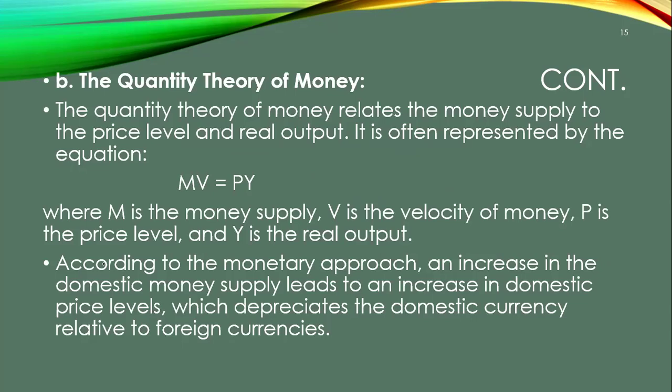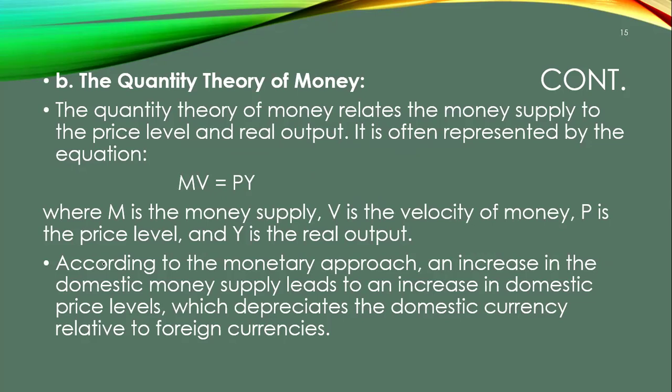Then the quantitative theory of money, we have looked at it in detail, where we say that the quantity of money relates the money supply to the price levels and real output.